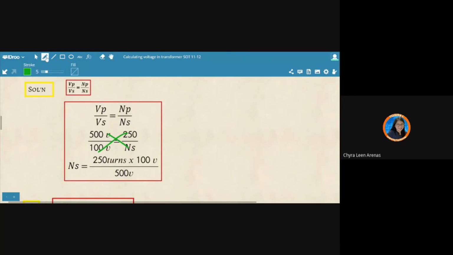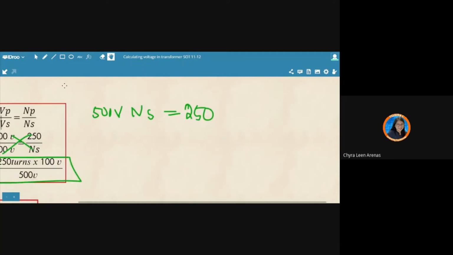So for those who are still confused, let's have this one. The reason why it becomes like this: we have 500 volts multiplied by NS is equal to 250, sorry for my writing, 250 multiplied by 100.